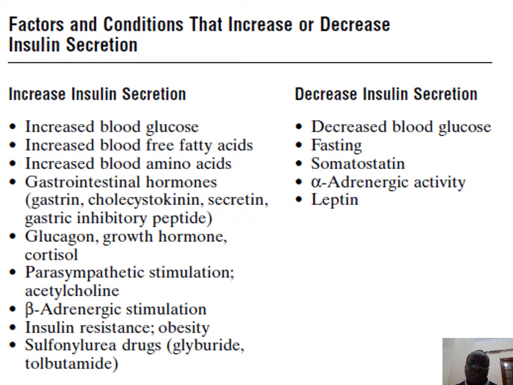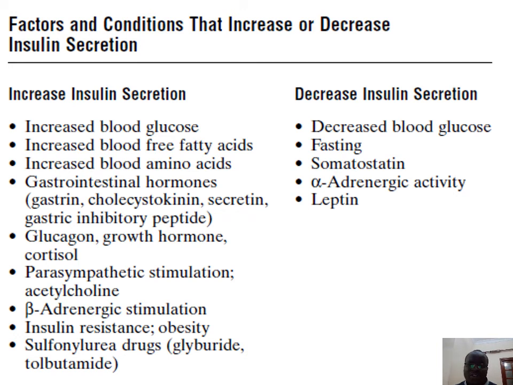The factors that can increase insulin secretion: the first one is increased blood glucose, the mechanism of which we've already discussed. Increased blood free fatty acids can also increase the amount of insulin being secreted. Increased amino acids can also increase secretion of insulin.